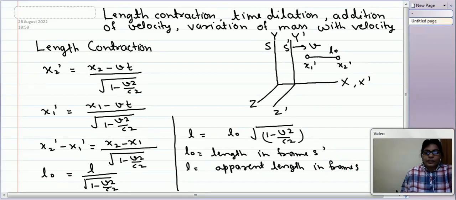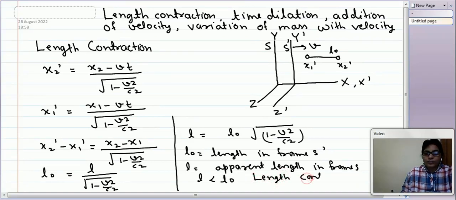So what we see here is that the factor under root 1 minus v square by c square is always less than 1. Therefore, L is always less than L0. It means the apparent length in frame S is shortened compared with the actual length. So this is known as length contraction. The apparent length in frame S is less than the length as measured in frame S dash.